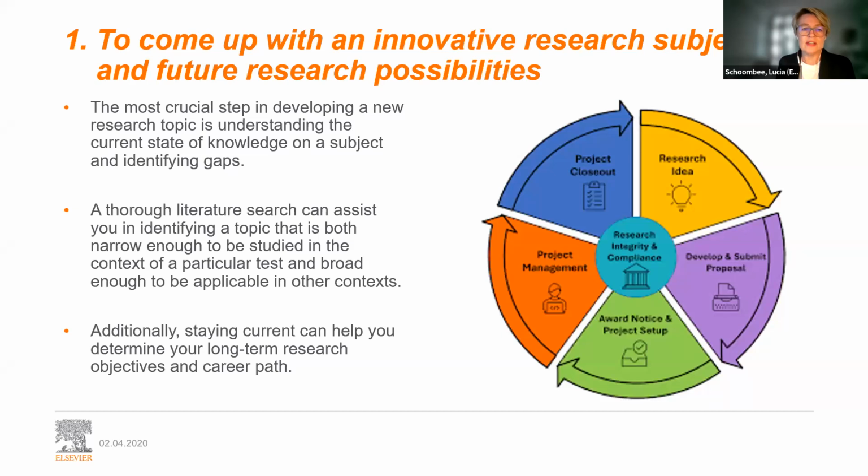And additionally, staying current can help you to determine your long-term research objectives and your career path, right? So very important to have access to this broader range of knowledge, so that you have the context of publishing within your field, but also broader than your field.